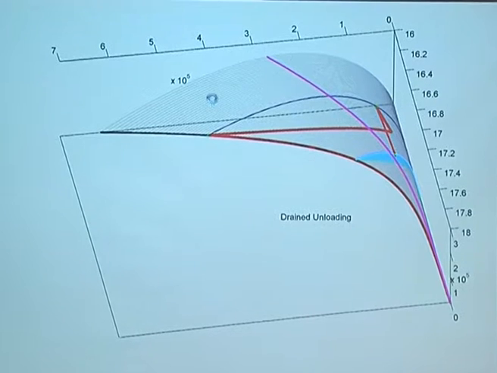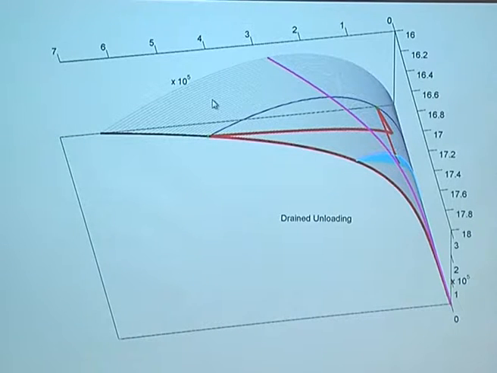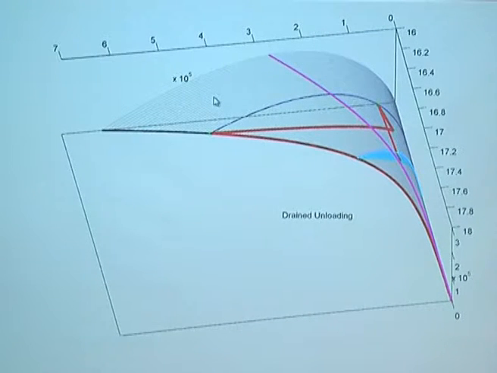And then unloading from there. So basically, this is a strain softening phenomenon. So Cam-clay does allow a certain measure of strain softening. During strain softening, the U locus is actually decreasing in size, and the specific volume or the void ratio is increasing.